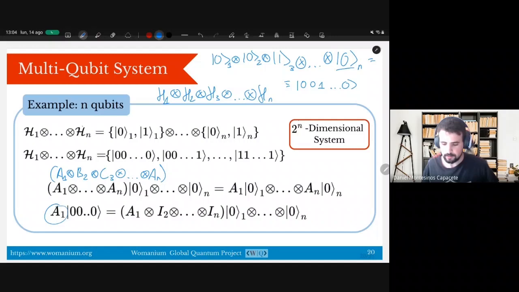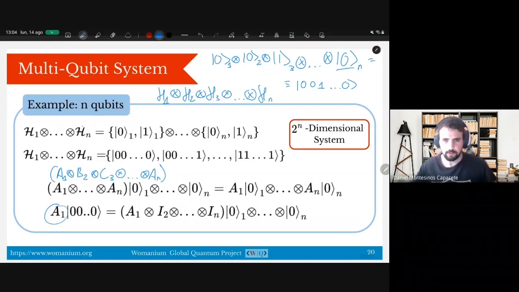For example, if it is acting on the first qubit, it means that for the rest of the qubits in the system it is going to be the identity, right? So I think that would be everything.